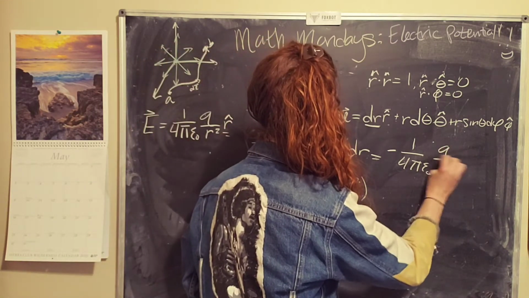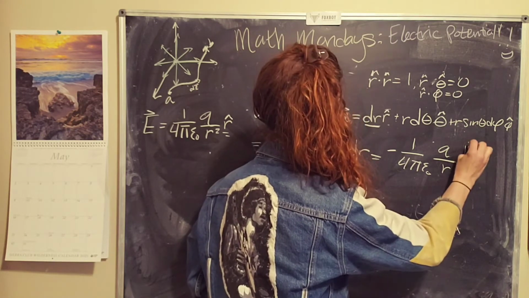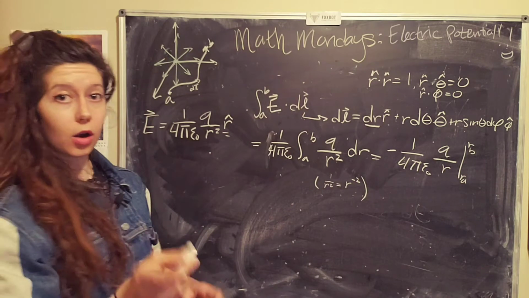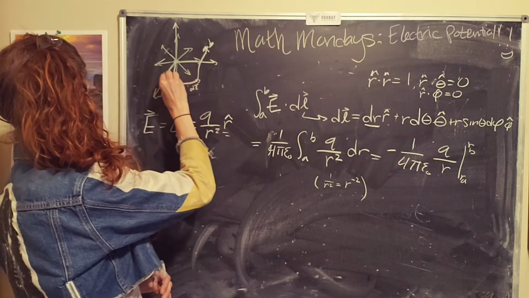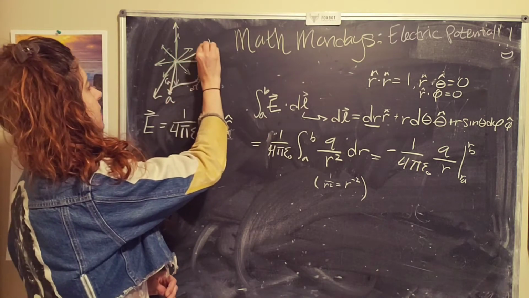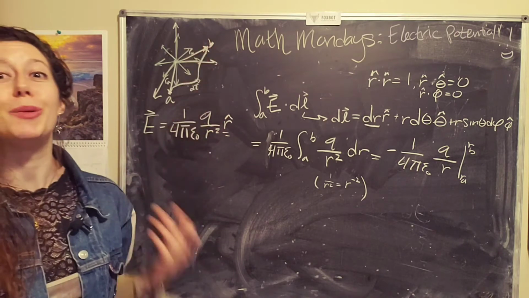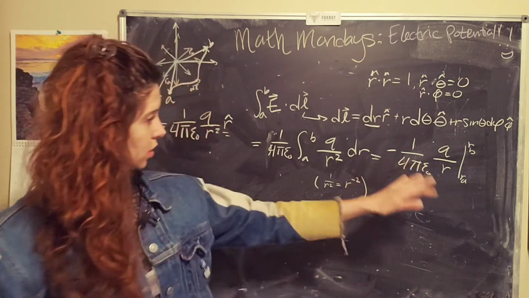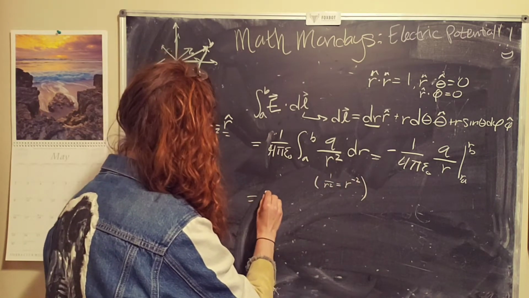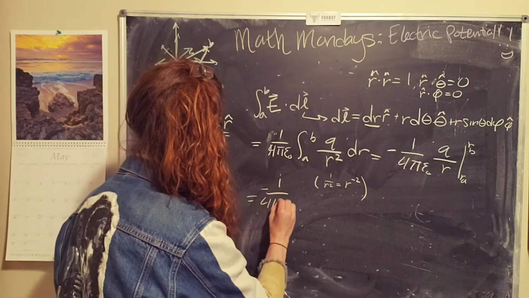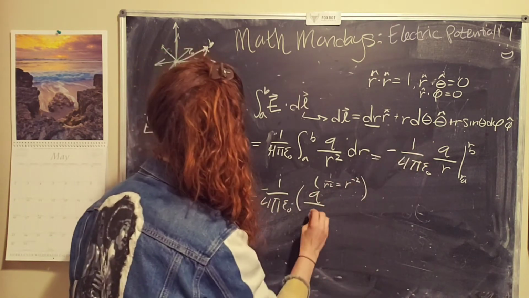And this is going to be q over r from r_A to r_B, where r_A is defined as the distance from the origin to point A, and r_B is the distance from the origin to point B. Okay, so we end up getting negative 1 over 4 pi epsilon naught, q over r_B minus q over r_A, final minus initial.